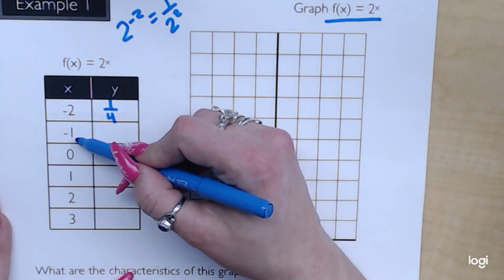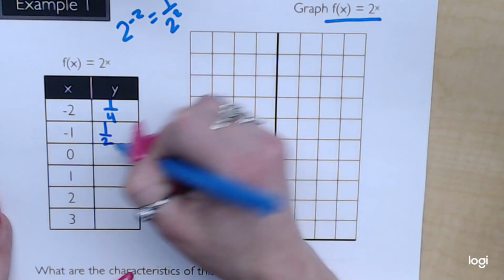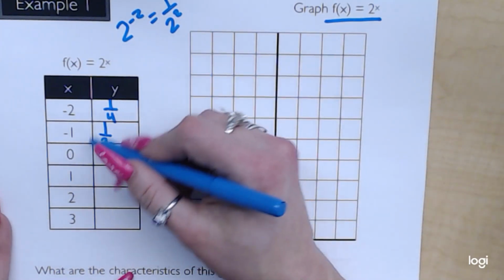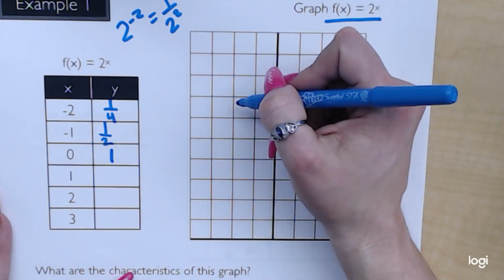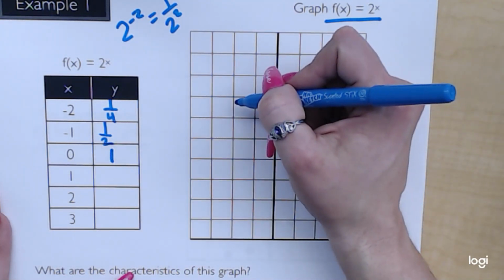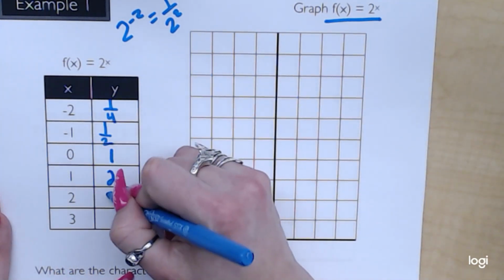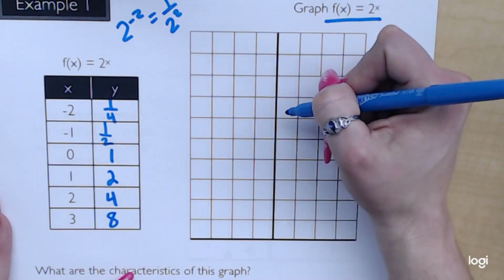Let's do -1. 2 to the power of -1 is going to be 1 over 2 to the first power, or just 1/2. 2 to the power of 0 gives us 1, because any number to the power of 0 equals 1. 2 to the power of 1 is 2. 2 squared is 4, and 2 cubed is 8.